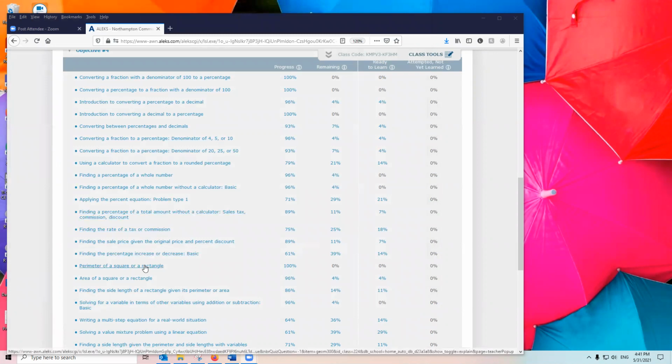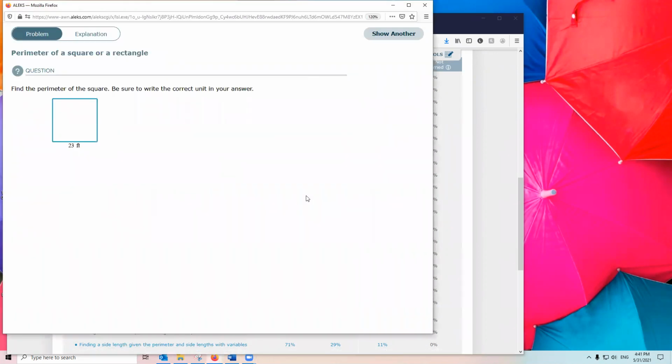Let's go here. How about finding the perimeter? All right, it says find the perimeter of the square. So of course, what we have to know is what does perimeter mean? Well, perimeter is the distance around the outside of a figure, of a shape. So if they're asking me a perimeter, what they're asking me is if I start at this corner and walk all the way around and come back to my starting point, how far did I walk?